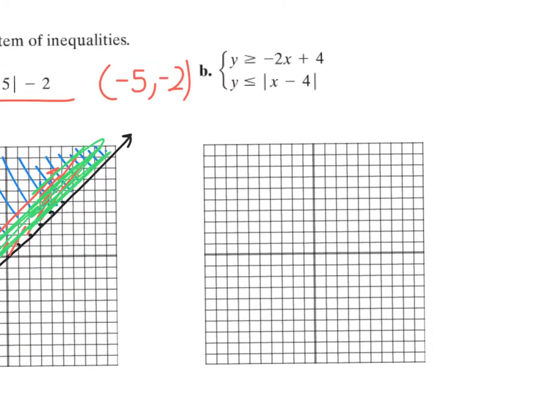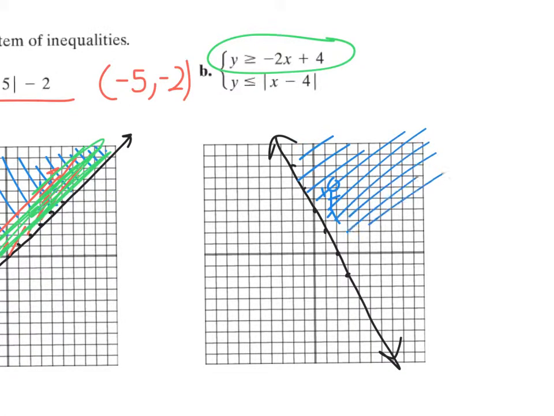And then B, these are both going to be solid lines again. I'm going to start at 4 and go down 1, right 1, down 1, right 1, and then it's greater than. So again, put somebody on the ladder. If you put them on here, they'd fall off. So put someone on the ladder right here. It's greater than, so you're going to shade above their head.